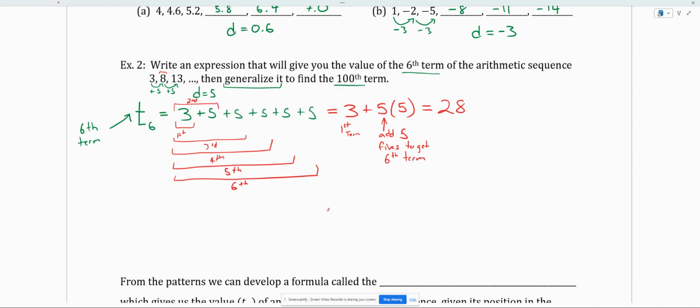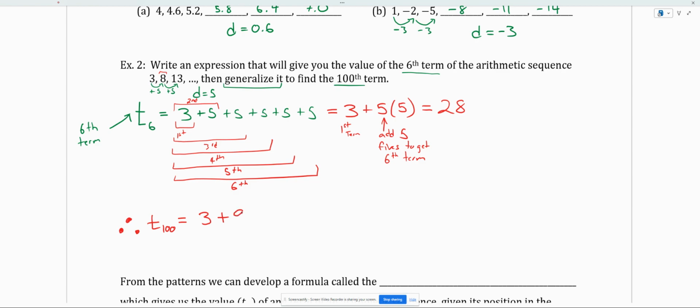Okay, so could I come up with some kind of generalization? So therefore, could I set up a generalization for term 100? Okay, so term 100 will look something like this. I know it's going to be 3, but it's not going to be 100 fives. We notice it was 1 less 5 because it doesn't include the first term.